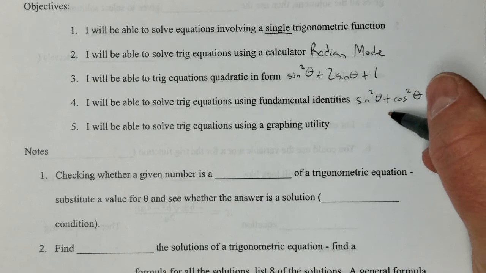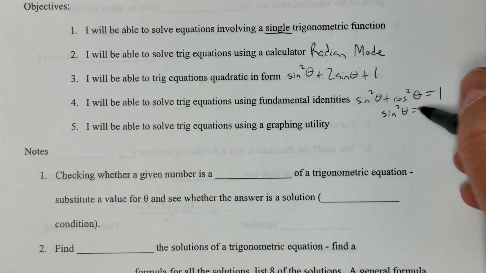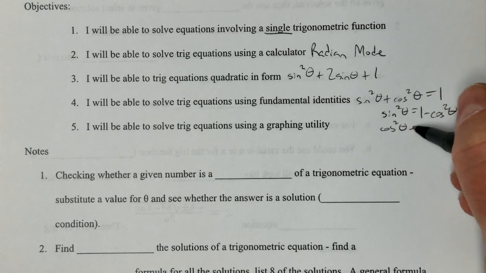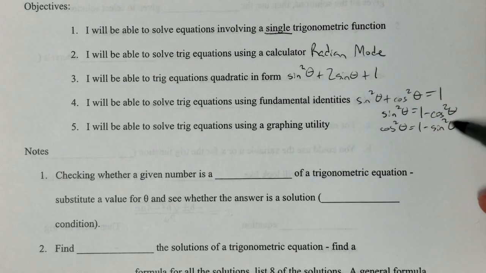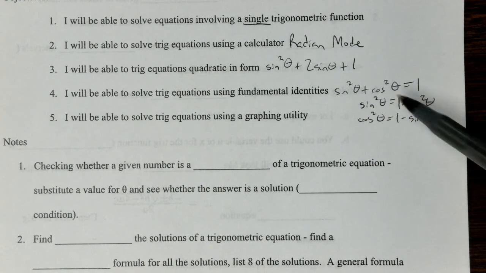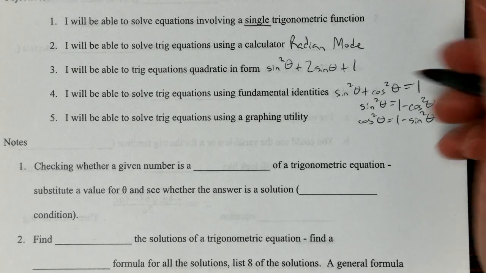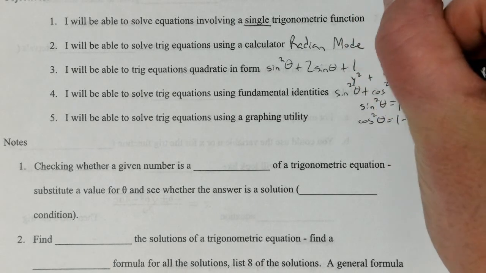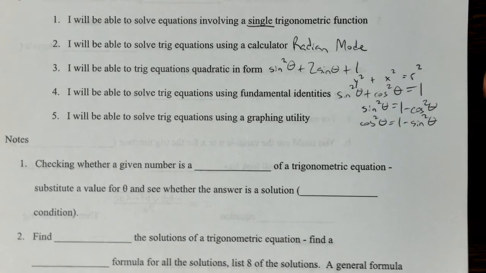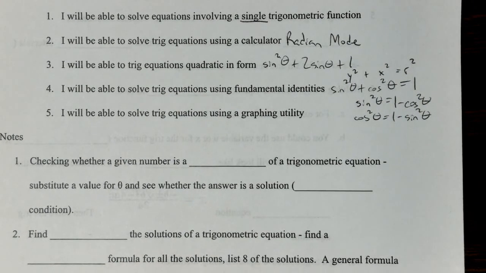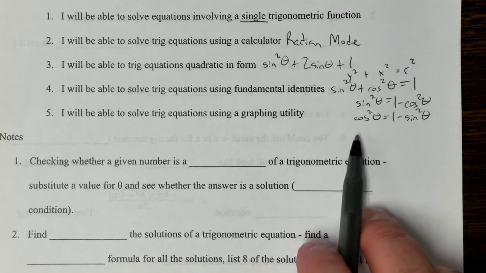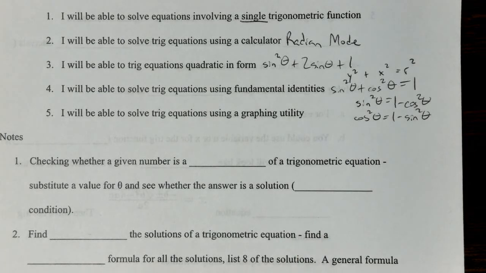So let me write those out. Sine squared theta is 1 minus cosine squared theta, and cosine squared theta is 1 minus sine squared theta. So those are all based on the same one. It comes from having y squared plus x squared equal r squared, where r was 1 on the unit circle. And what they're doing is they're solving for sine squared or solving for cosine squared.